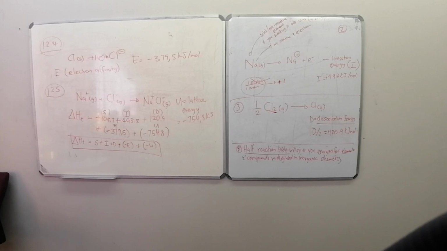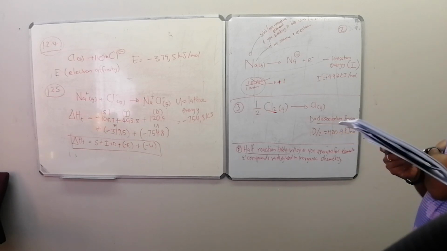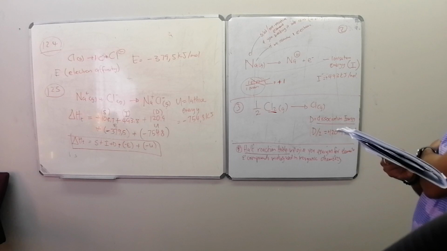So what type of energy is involved? What is it called? Sublimation, moving from a solid to a gas. And during sublimation, is any energy given off or added? You add energy.